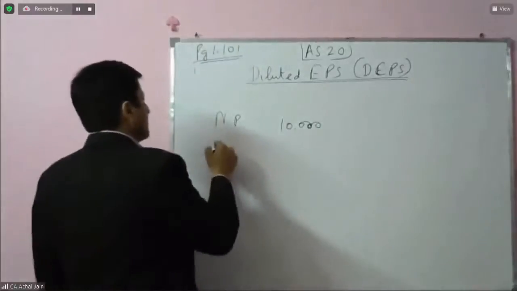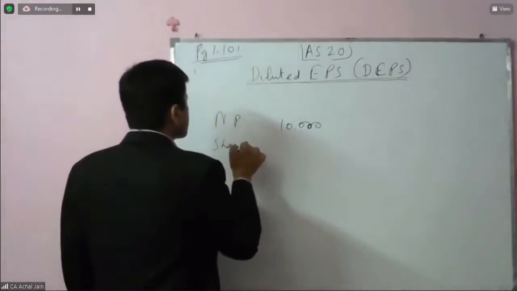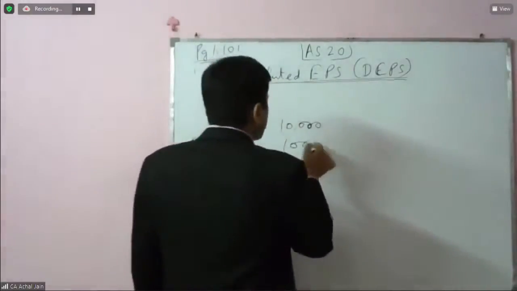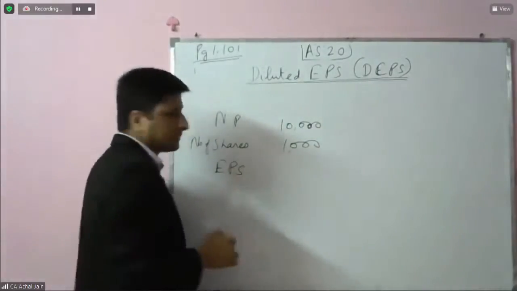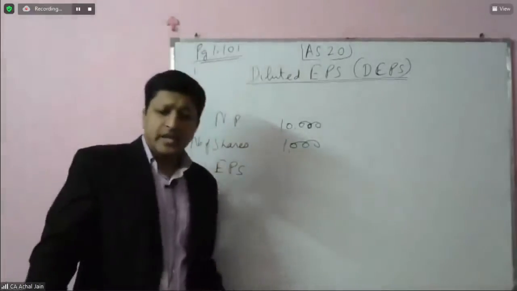Okay. And what was the number of shares? 1,000. What will be the EPS? Can you all let me know what will be the EPS in this scenario?